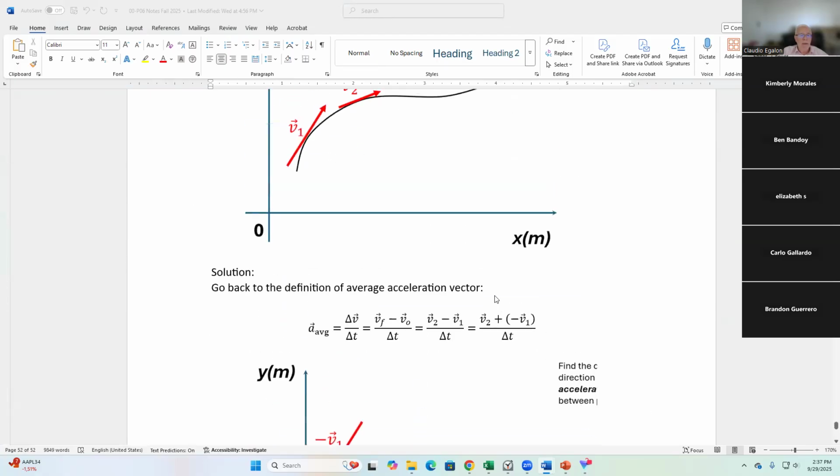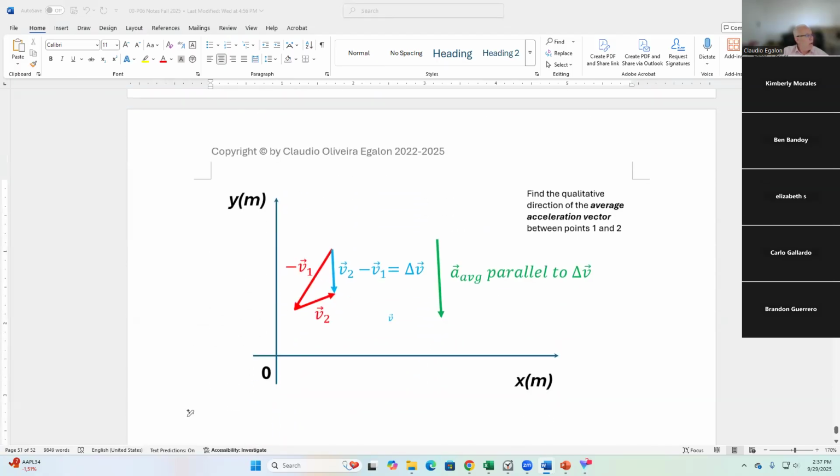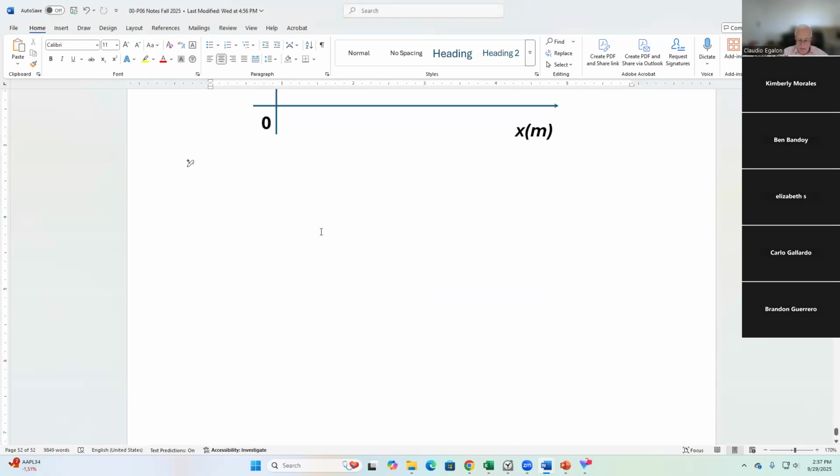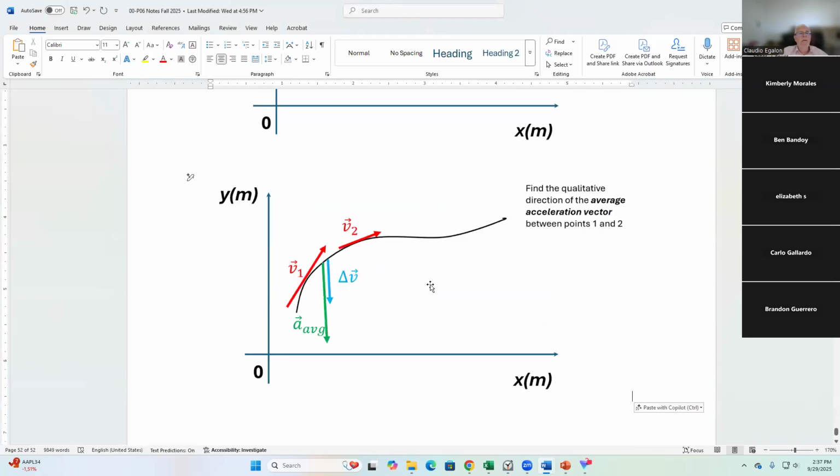And if we superimpose these acceleration vectors on the path of the object, we see that this average acceleration vector coincides with the direction that points towards the center of the concavity. Okay, why does it coincide?